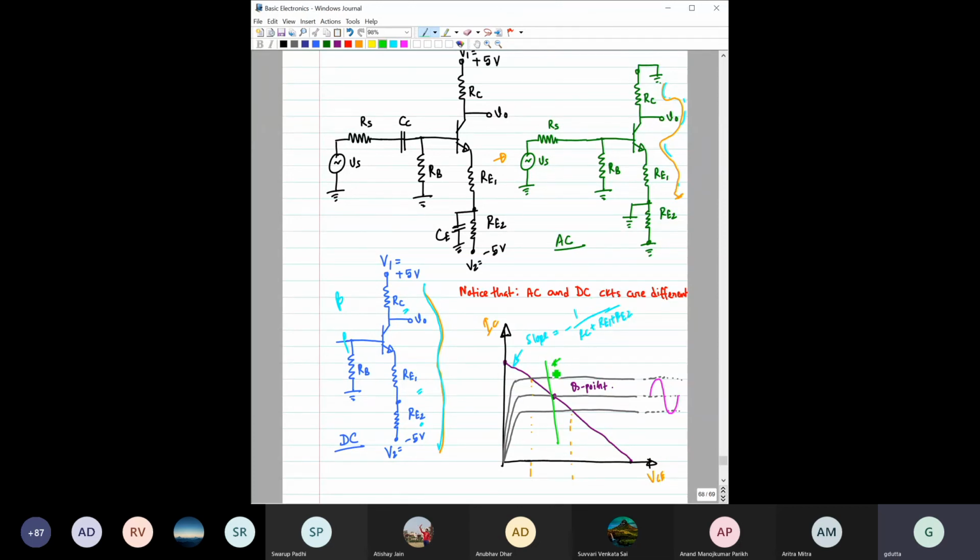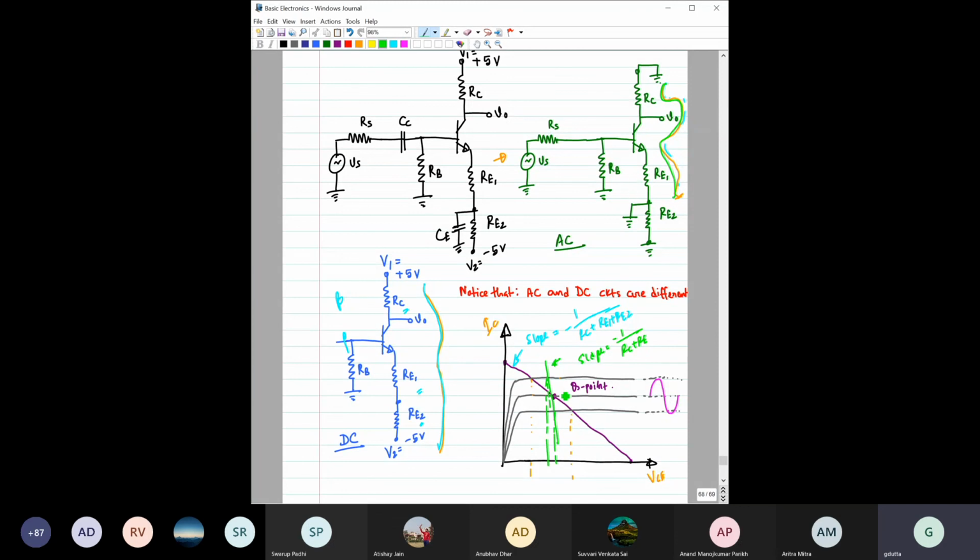So here, if you do the AC analysis along this loop, only the effect of RE1 is present and RC is present. So here the slope would be equal to minus 1 by RC plus RE. See, the slope has changed. So you can also see from here that the output VCE will also change.